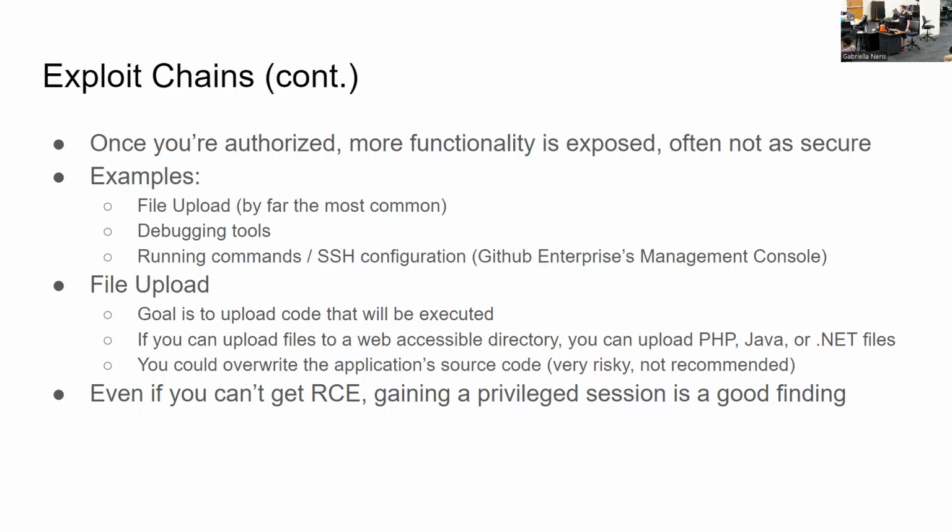A real life example of that is GitHub Enterprise's management console. If somebody were to bypass authorization on that, they're able to upload an SSH key and then log into the server through SSH, because that's just part of the functionality that it has. So it's not really a bug by itself.